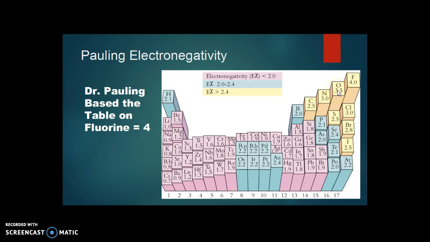Oxygen is next to that. Nitrogen is next to that. These are the 3 most highly electronegative elements on the periodic table, and that will become very, very important later when we study bond polarity.